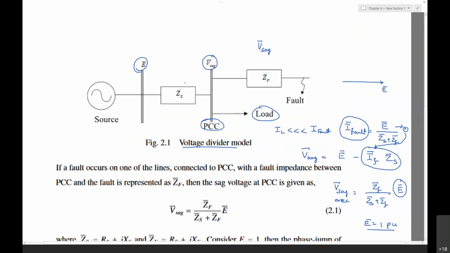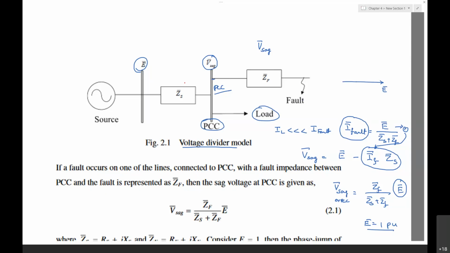If you look into this diagram, this is the PCC. The fault may occur very far away from the PCC or near it. In that case, the fault impedance is going to vary. The important observation is that the phase angle jump is very much influenced by the fault impedance, and it is dependent on the fault location also.